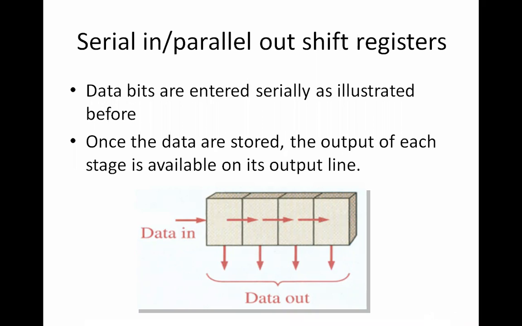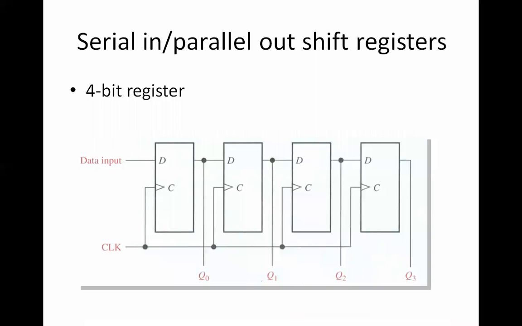So that becomes a parallel out. Serially it's getting in, but parallelly we can obtain the data. So this is an example of a 4-bit register, serial in, parallel out.